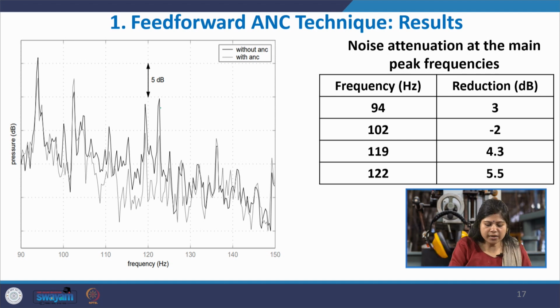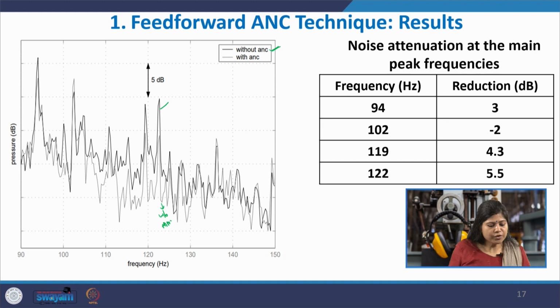Here the solid line is the SPL in dB versus frequency distribution when no ANC was working, so you had a high dB level, but when ANC was adopted, the lighter lines show the result. As you can see, the performance of this ANC was very frequency dependent.